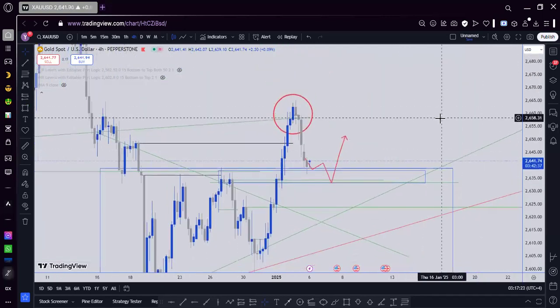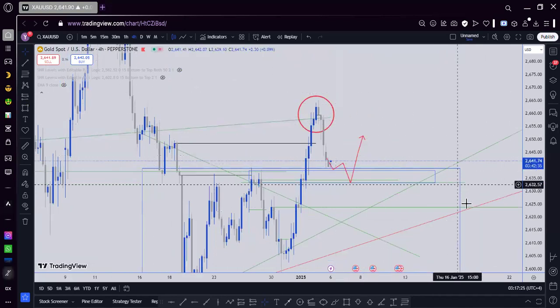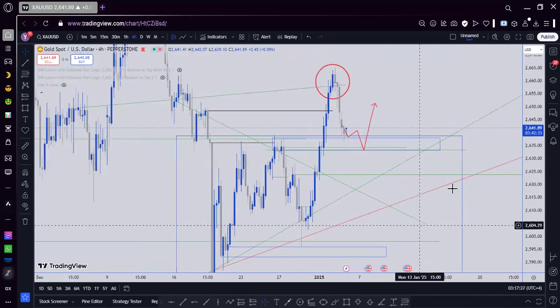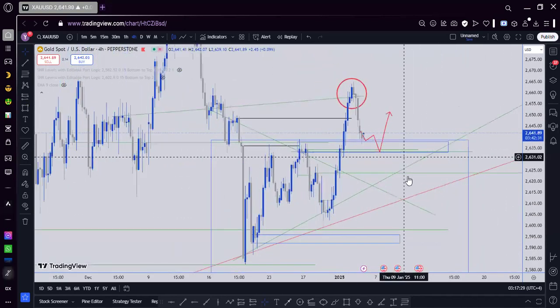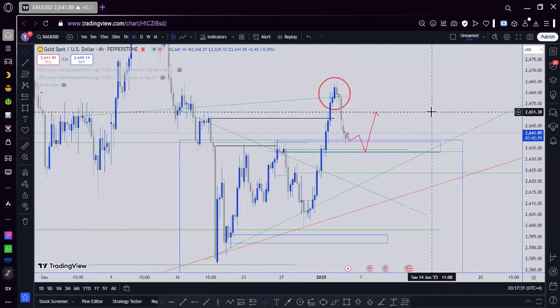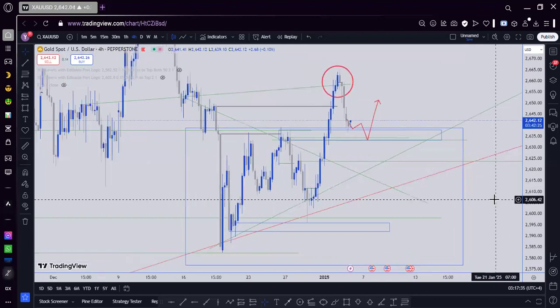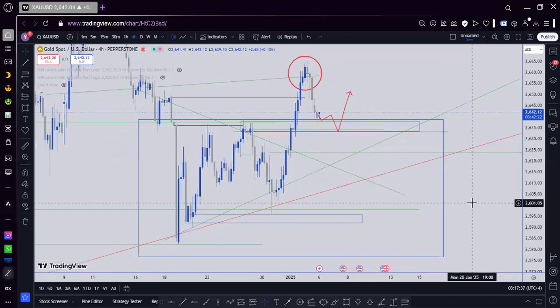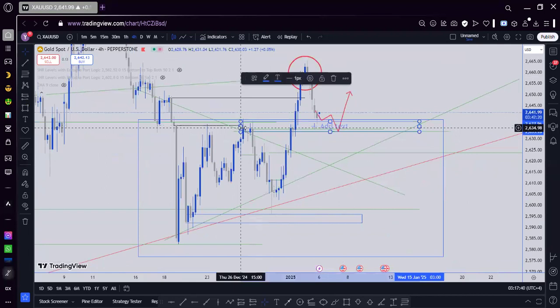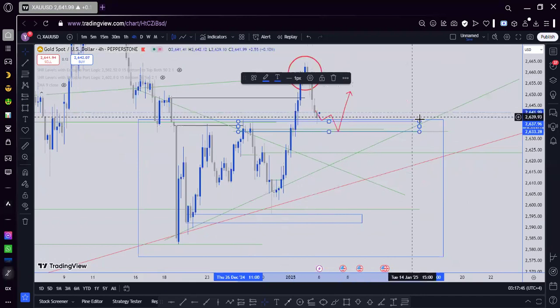Just focus on the market structure, and with the storyline concept, you will always understand what the market is doing. So this will be our zone that we will take our buy setup from by the confirmation.